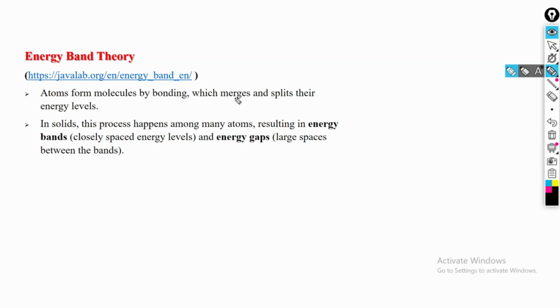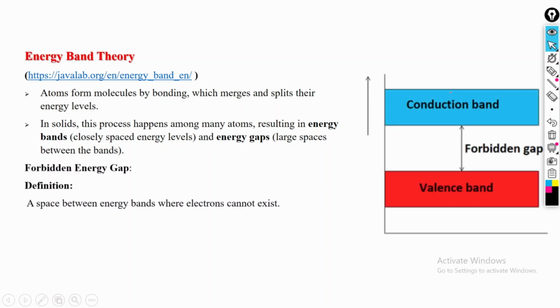In a solid, this process happens among many atoms, resulting in energy bands. The difference between the energy of these bands we call the energy gap.